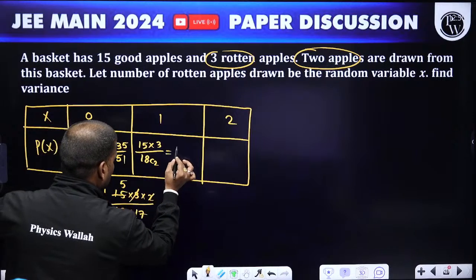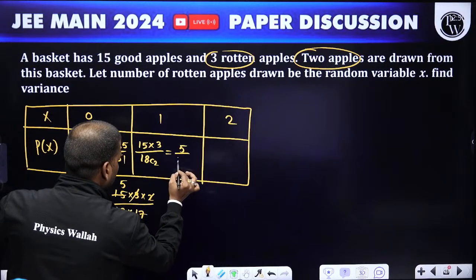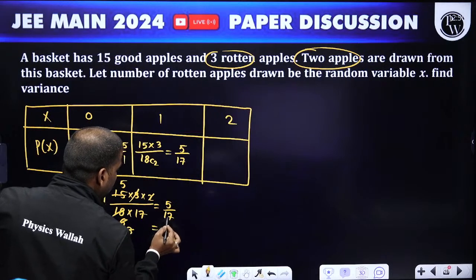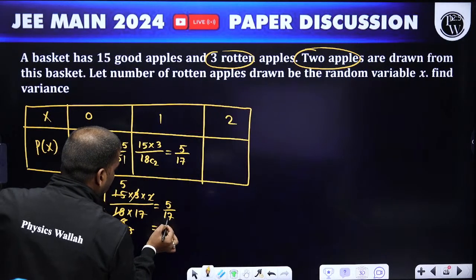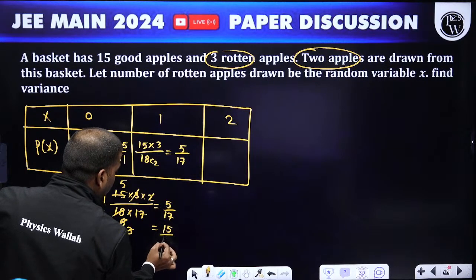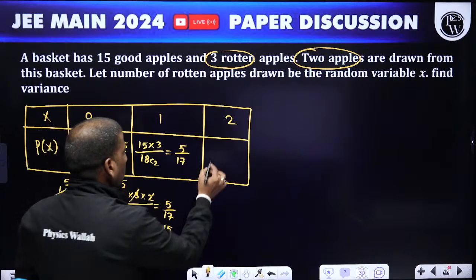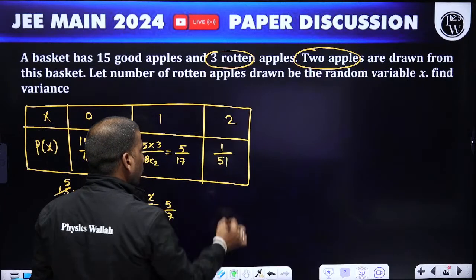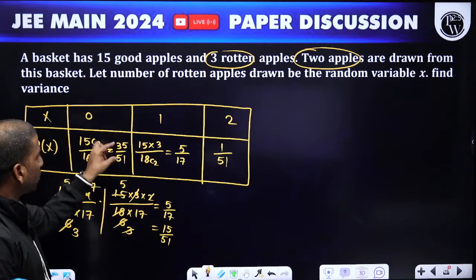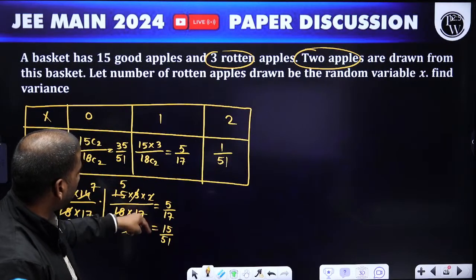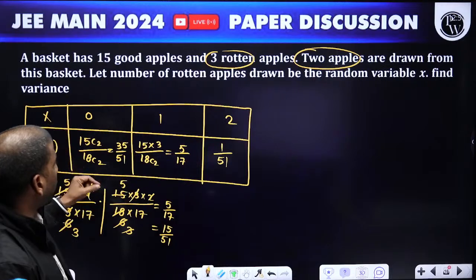So which is equal to 5 by 17. So 5 by 17, we can also write it as 51 in the denominator. So 3 times, so 15 by 51. So that could be better. So 35, 15, so this is obviously 1 by 51. Why? Because the sum should be 1. So this is 35 by 51 and this is 15 by 51. 35 plus 15, 50. 50 by 51, 1 by 51.